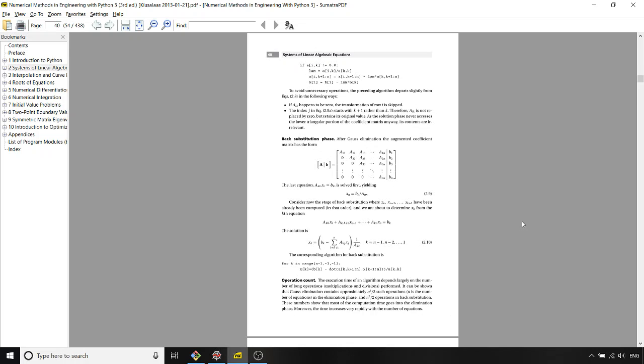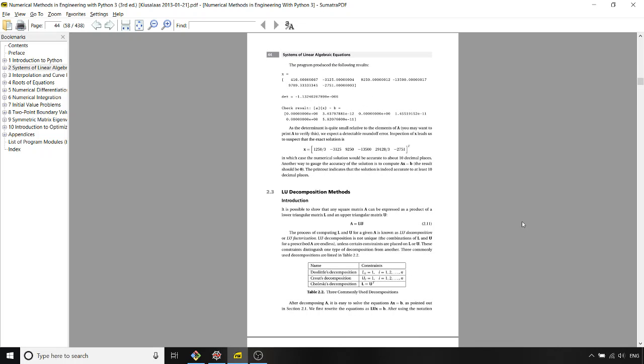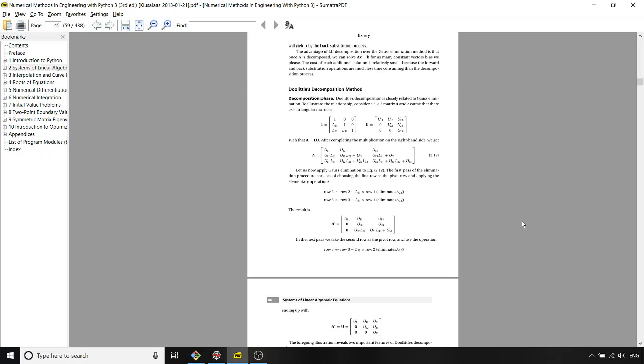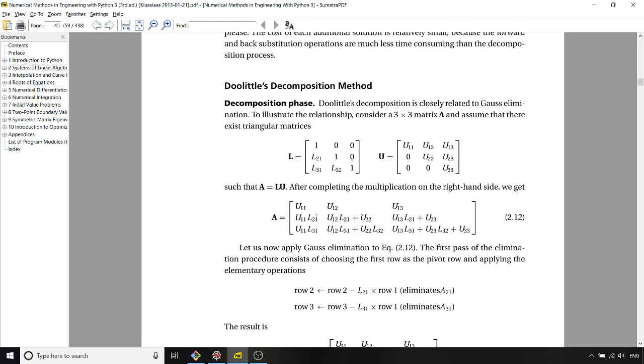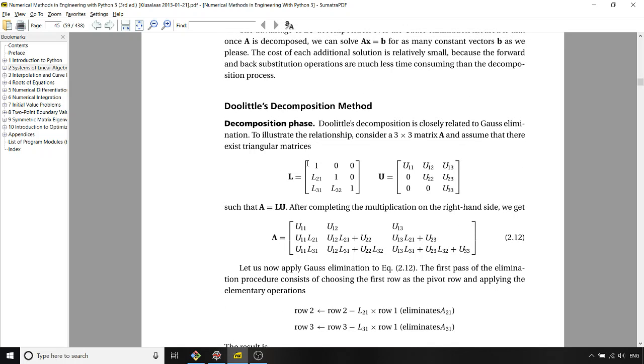let's have a look at it from the book. So LU decomposition. Basically, there's matrix A, and that will be decomposed into two matrices.